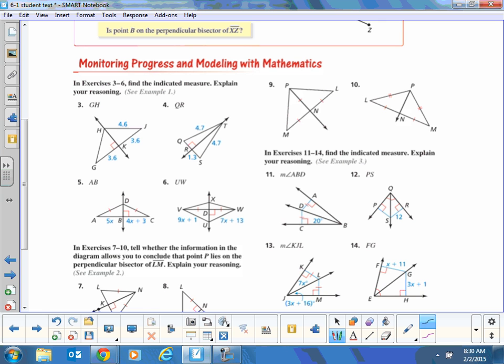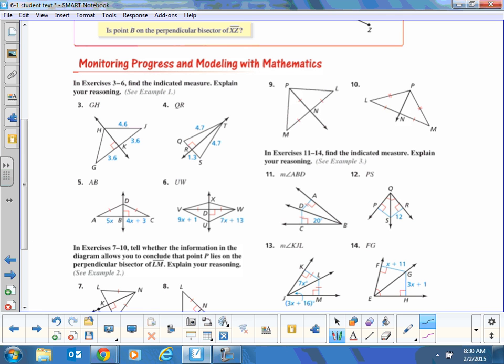Now, you don't need to copy the problem. You've got your book open. Just put number 3 and show all the work that I show. Find the indicated measure. Explain your reasoning. I won't make you explain your reasoning.